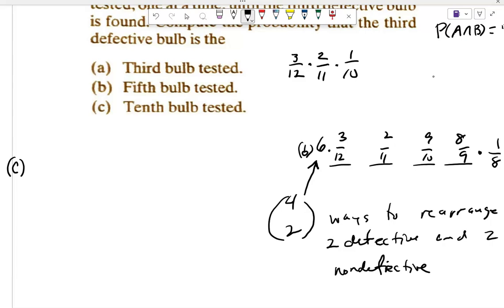Remember again, there's only 3 total defectives, and you want the third one on the 10th bulb. So again, I would break it up into 3 distinct parts, just like we did here, right? This is part 1, part 2, part 3.